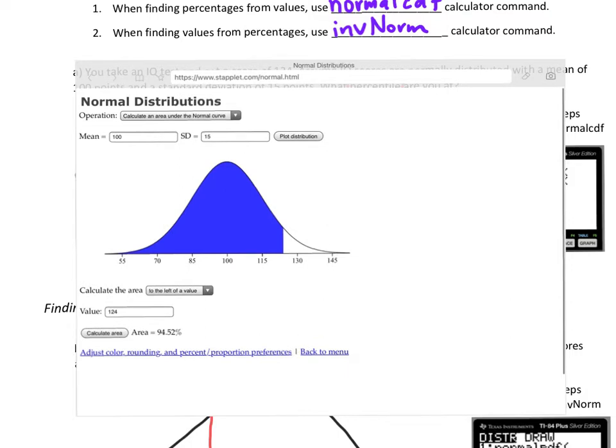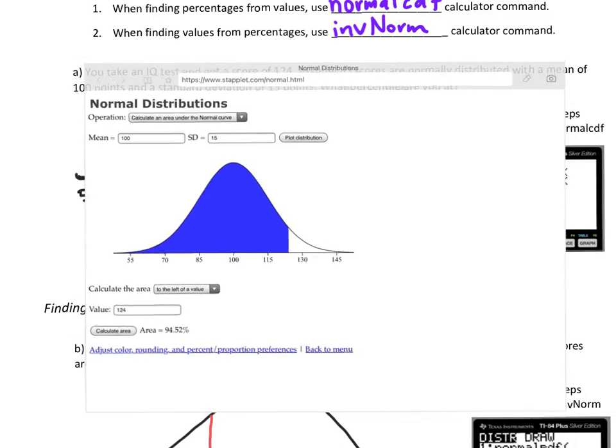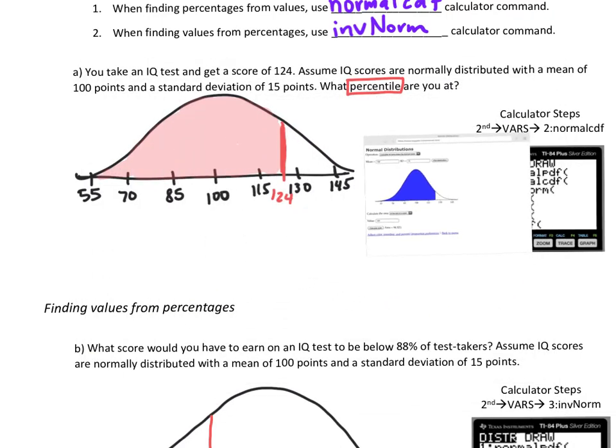And so we got 94.5, which is the same percentage that Mr. Young-Saver got. So I would say a score of 124 is at the 94.5th percentile.